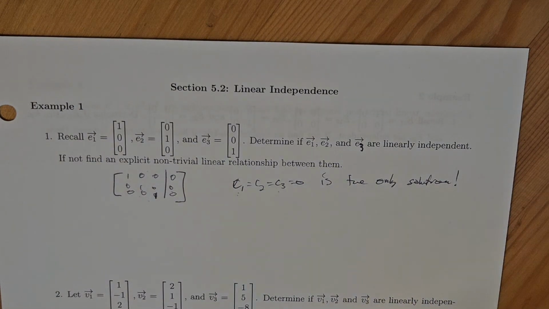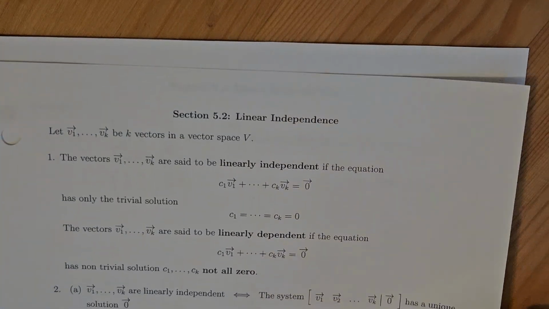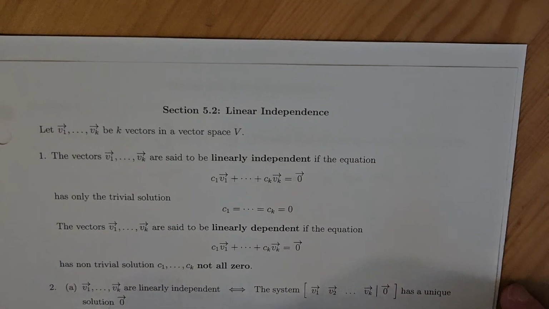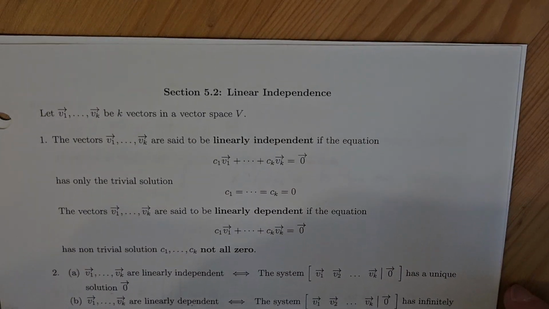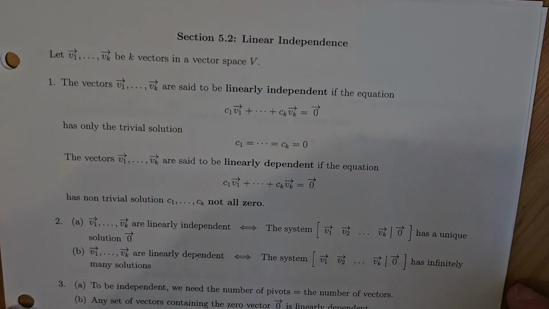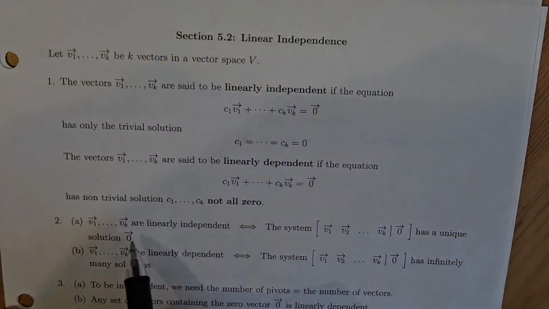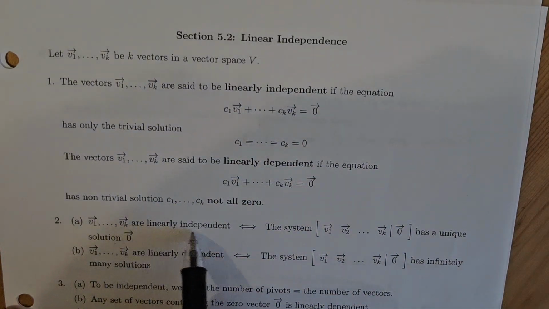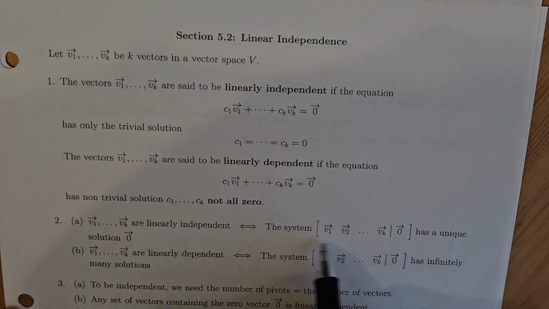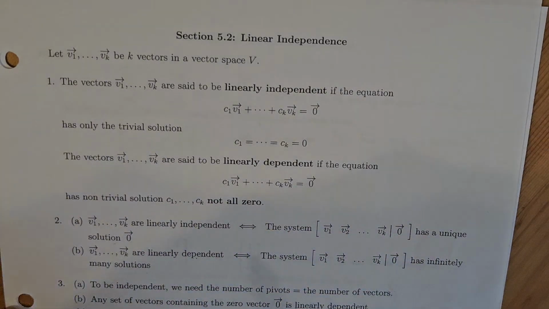let's find an explicit non-trivial linear relationship between them, which means let's write out one as a linear combination of the others. Okay? And I'd like to remind you of some stuff we've written down here on how we can solve something like that. The first thing to remind you of is a set of vectors are linearly independent if and only if this system here has a unique solution, and they're linearly dependent if that system has infinitely many solutions.